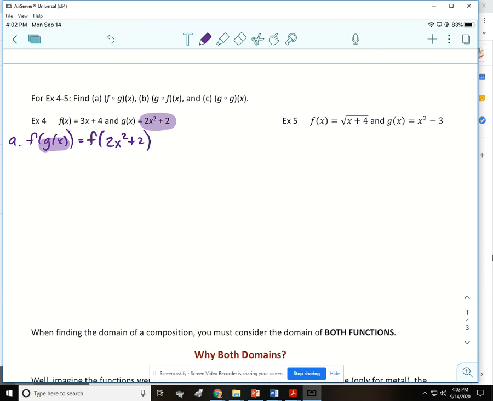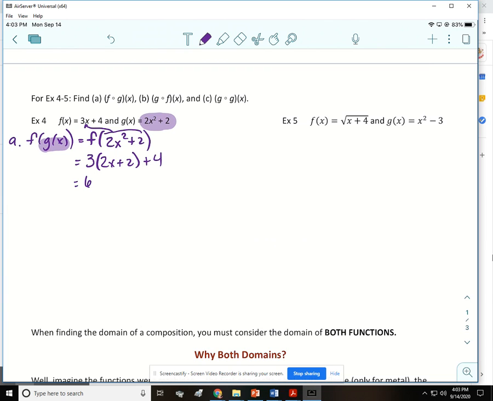All right. Then I'm going to take that 2x squared plus 2, and I'm going to put it in for x in the f function. So that means I'm going to multiply it by 3. Oops. And then I'm going to add 4 to it. All right, so that's what I'll do.